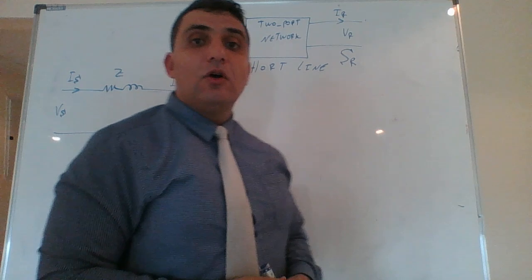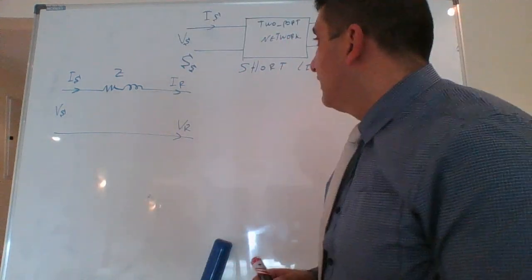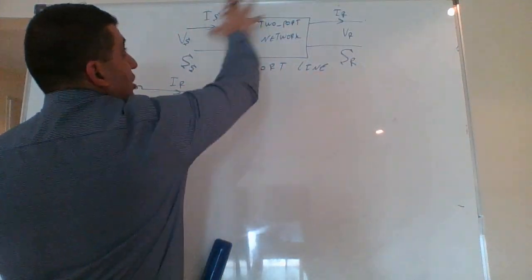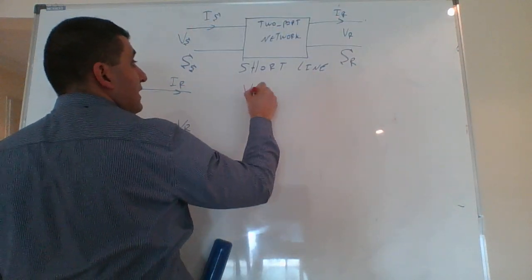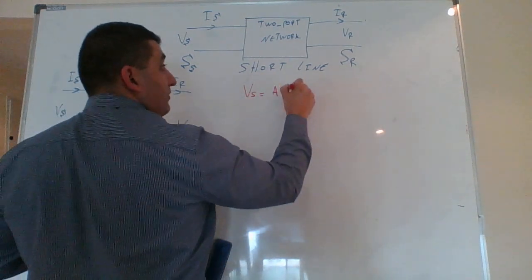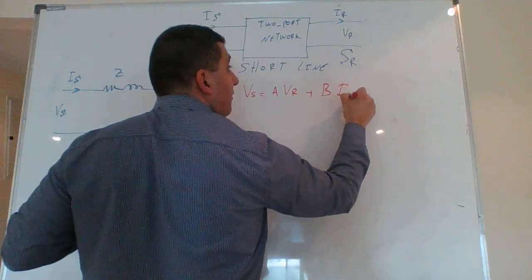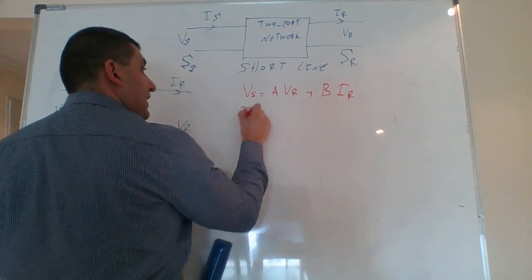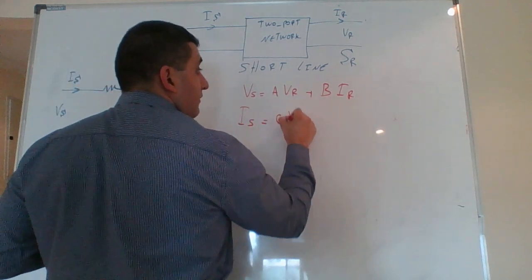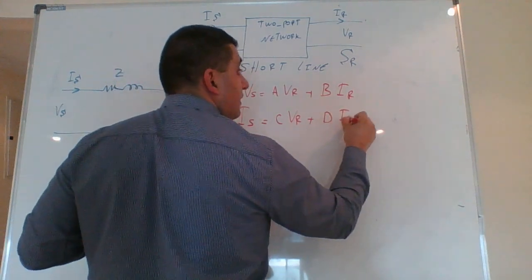Now, what's an ABCD? Under this network in general, I'll have Vs equal to A multiplied by VR plus B IR, and I have Is equal to C VR plus D IR.